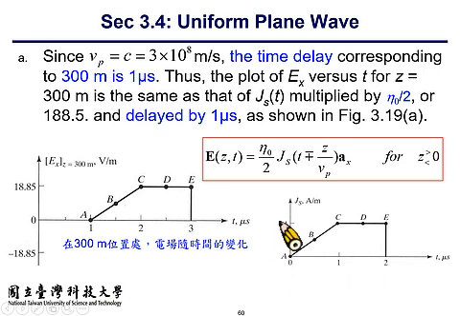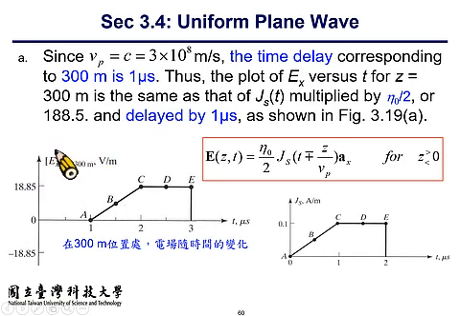And the magnitude of Js reaches its maximum at t equal to 1 microsecond, and the magnitude of Js is 0.1. So the maximum electrical field intensity is observed at z equal to 300.